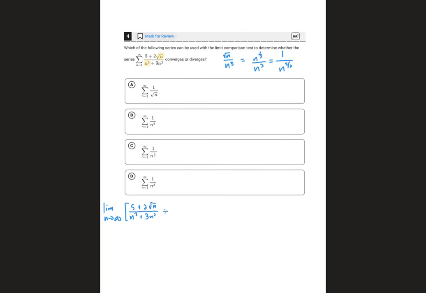Okay, and this is divided by. Change flip: keep the first fraction the same when you're dividing by a fraction, change division to multiplication, and then flip the fraction.